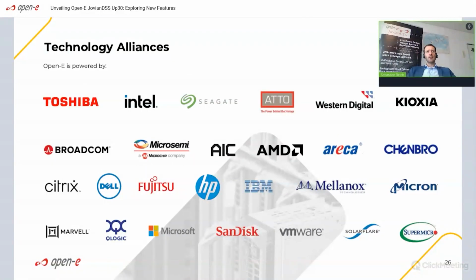Last but not least, we want to say a big thank you to all our TechMart partners. We're working most closely with hard disk and SSD manufacturers such as Toshiba or Seagate, but also Western Digital, Kioxia, and Intel. All these technology partners are needed because we test all the hardware to make sure everything runs smoothly.